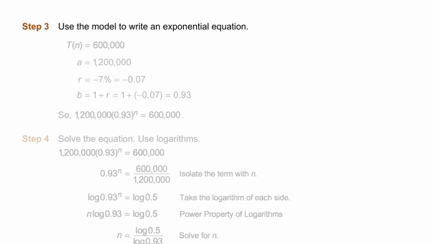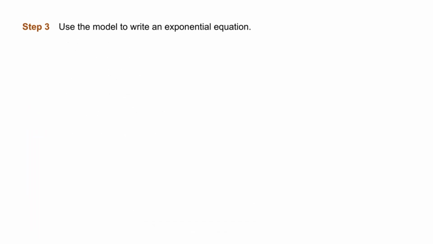Step 3. Use the model to write an exponential equation. T of n equals 600,000. A, our initial amount, is 1,200,000. R, our rate, is negative 7%, which is equivalent to negative 0.07 when written in decimal form.